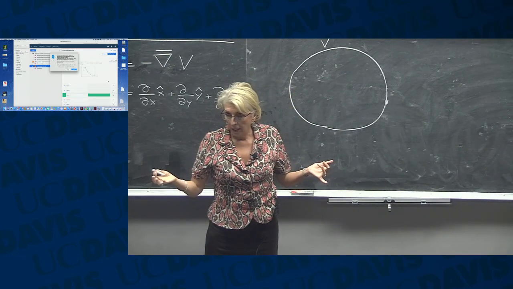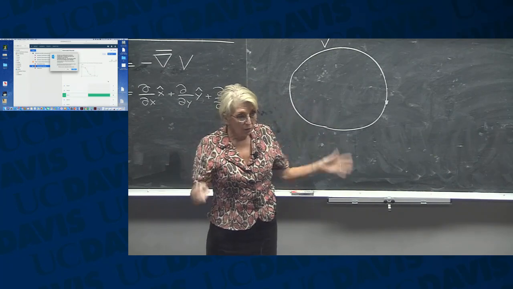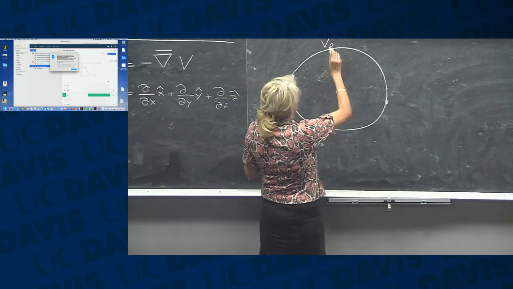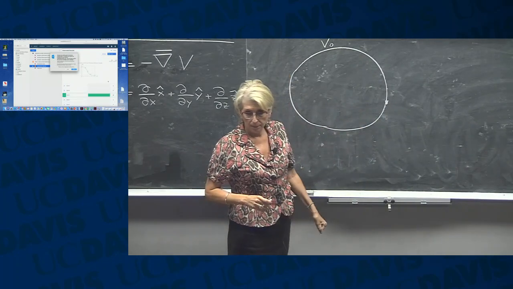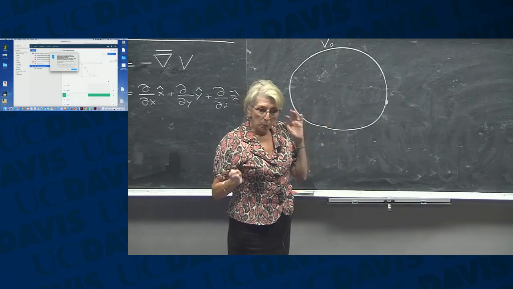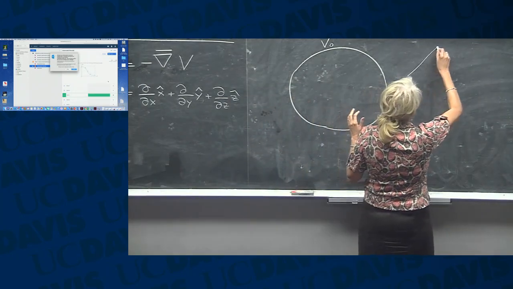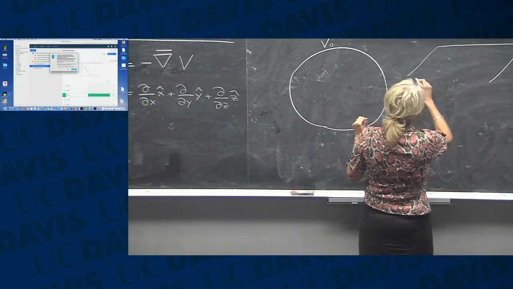Now, what specifies the value is the rest of the problem, but it's going to have a value V naught, and it's going to be the same everywhere. So let's consider another more practical problem where the conductor is a very large plate.